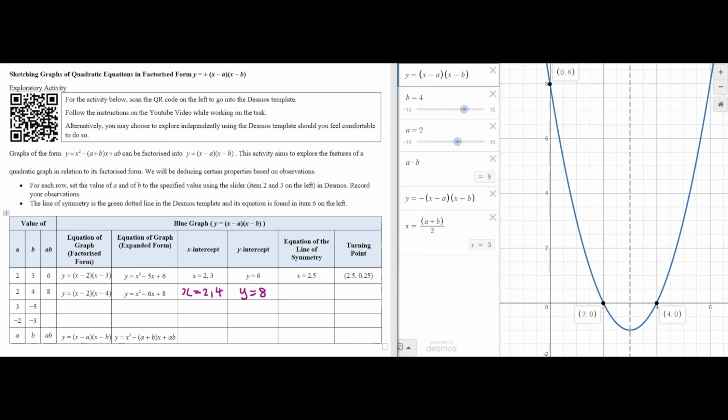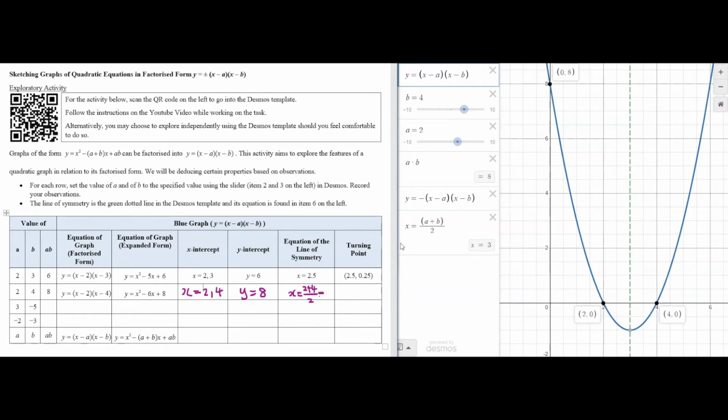Again, it is the same thing. If I solve x minus 2 equals 0, I get x equals 2. X minus 4 equals 0, I get x equals 4. Also, the constant in the expanded form becomes the y-intercept. Unsurprisingly, this is your line of symmetry, which is x equals 3, and x equals 3 is halfway between x equals 2 and 4.